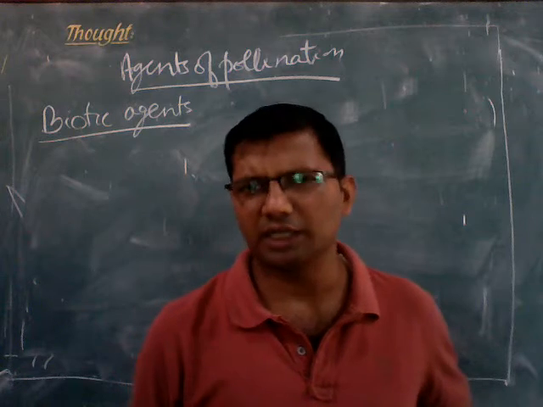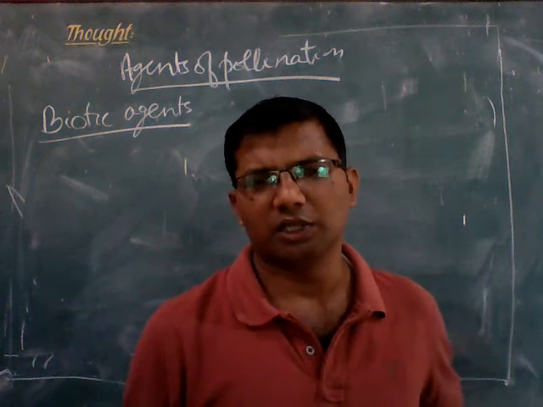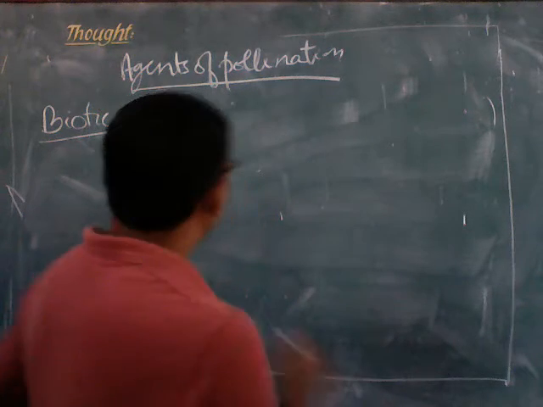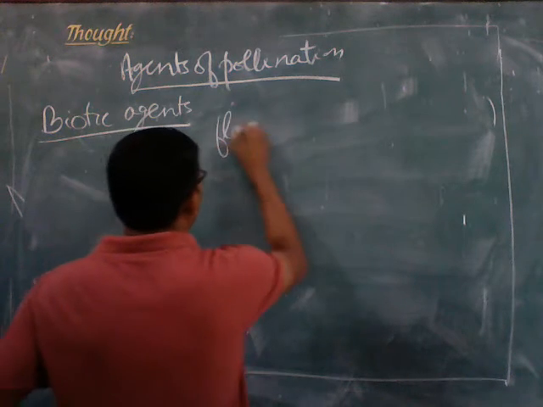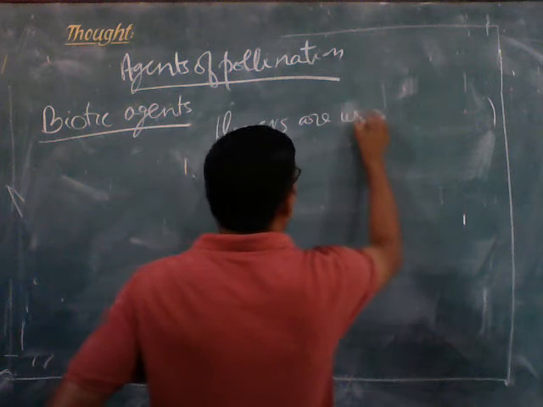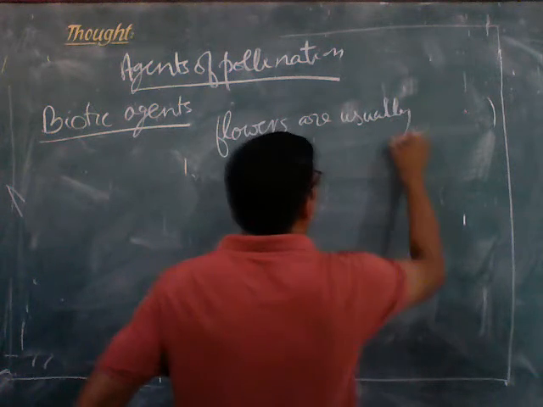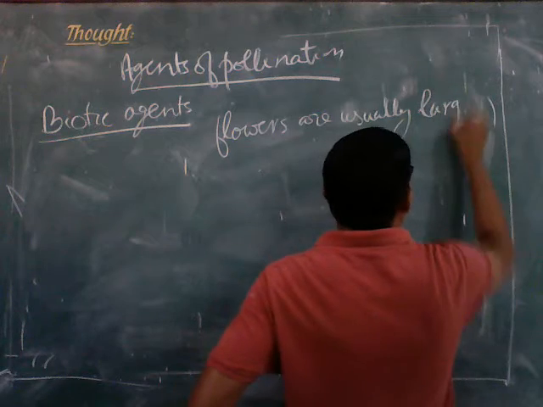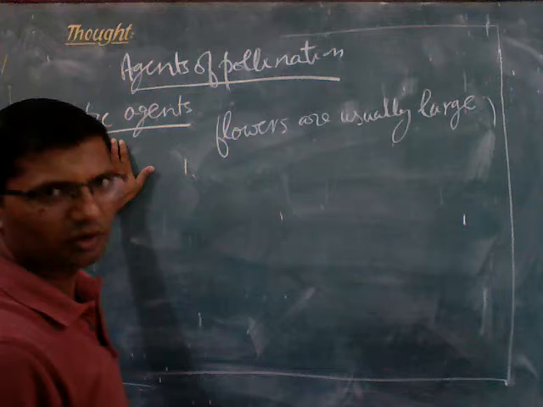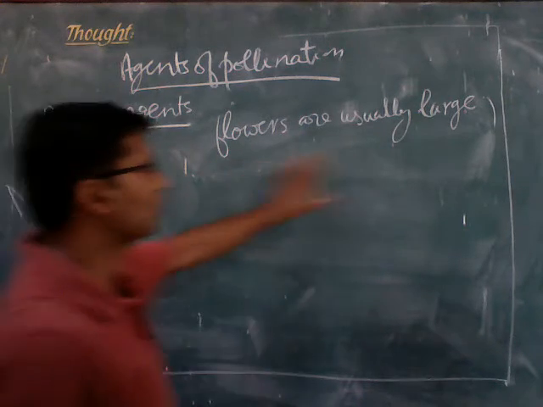As I had indicated in the beginning of pollination, the flowers are usually large. Okay. So these flowers will get pollinated by the biotic agents. We are talking about them only. These flowers are usually large.